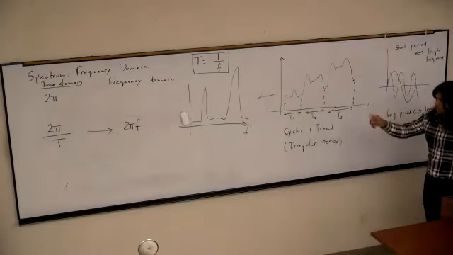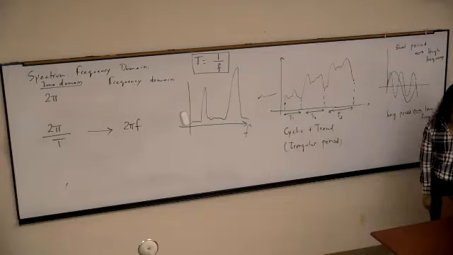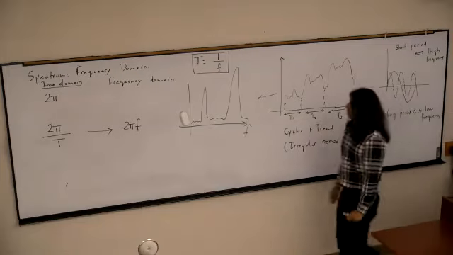Good. So 2 pi over t that you see in time domain directly connects to 2 pi f in the frequency domain. Good.